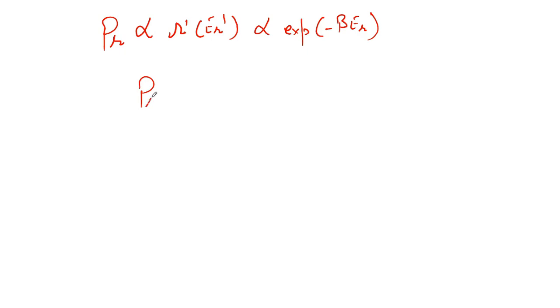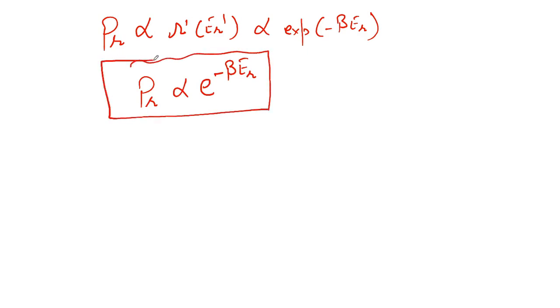So PR is directly proportional to exponential of minus B into ER, and this is the connection between the relation PR and ER. Now PR is the maximum probability for a system at which there are more microstates, so it is 1 in the state of equilibrium.